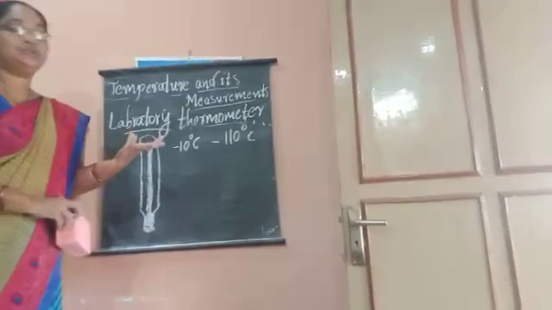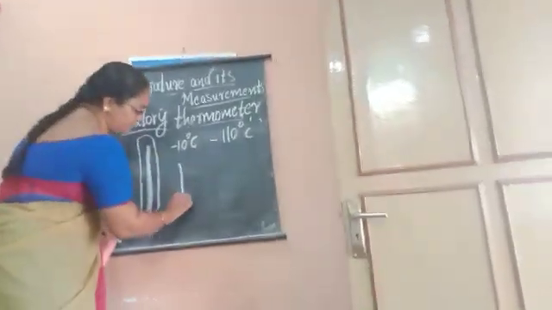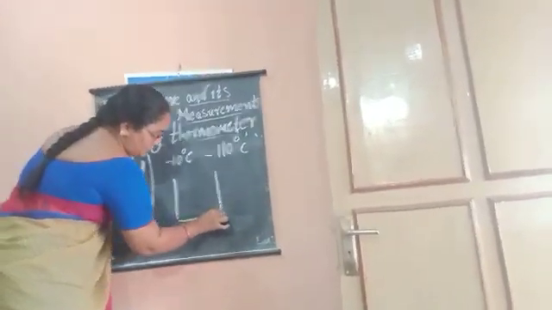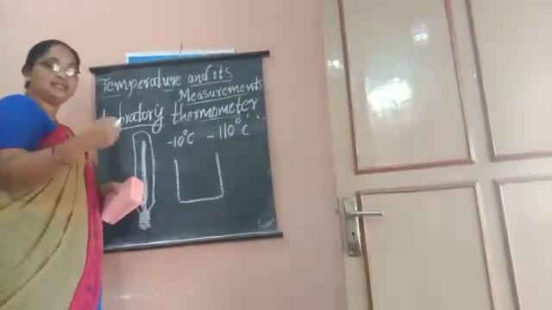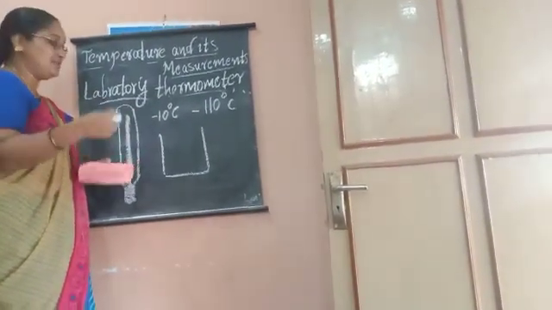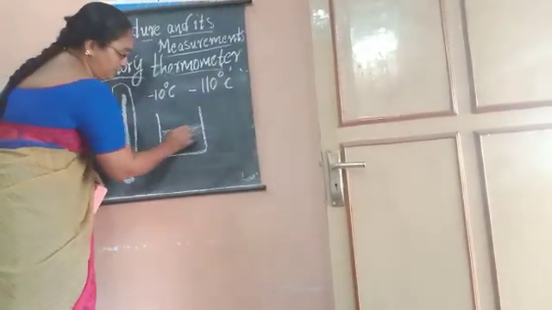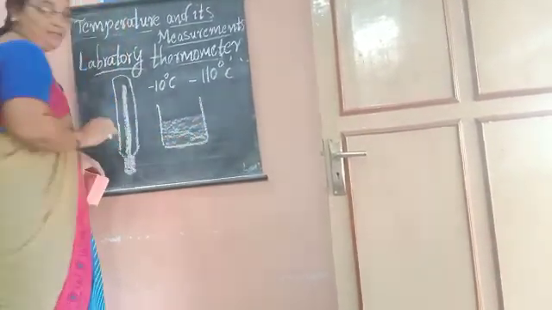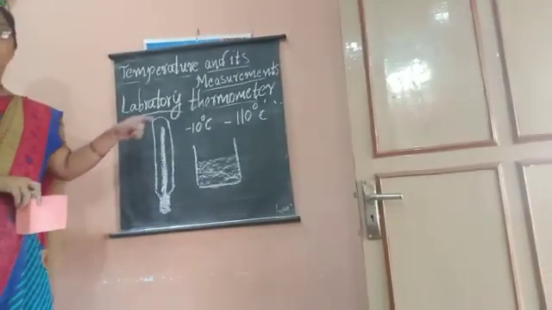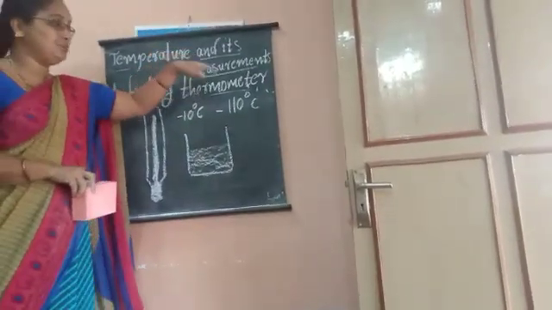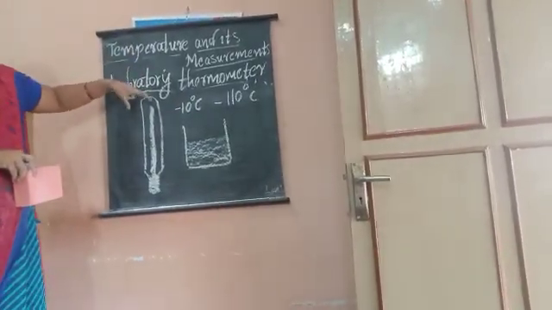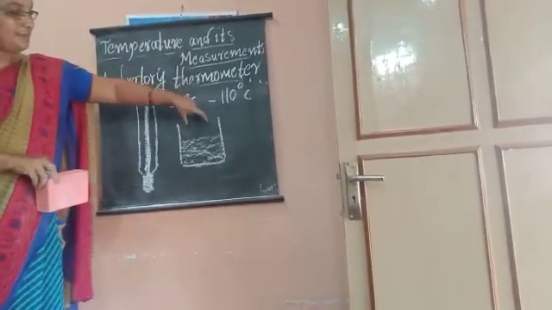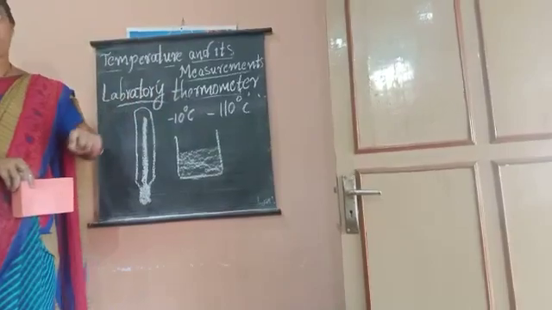Okay, how to take the reading? To whichever liquid you are going to measure the temperature, take that liquid in a beaker and immerse this laboratory thermometer in that liquid.